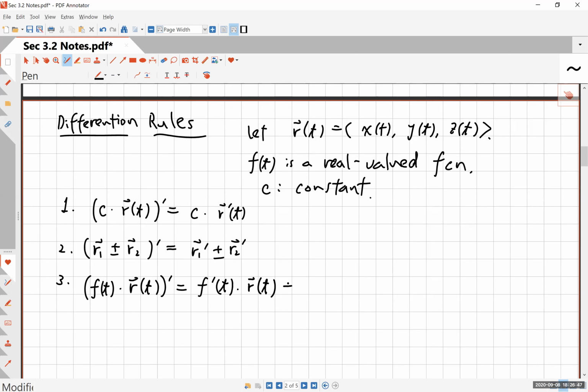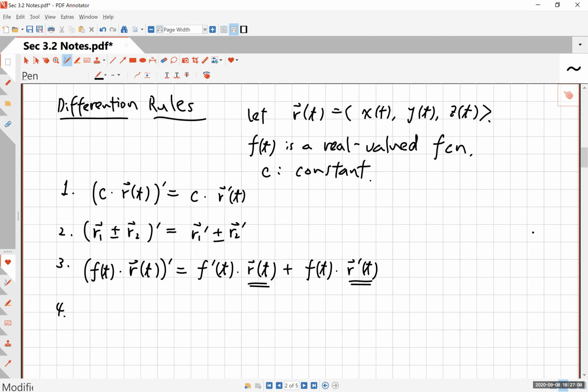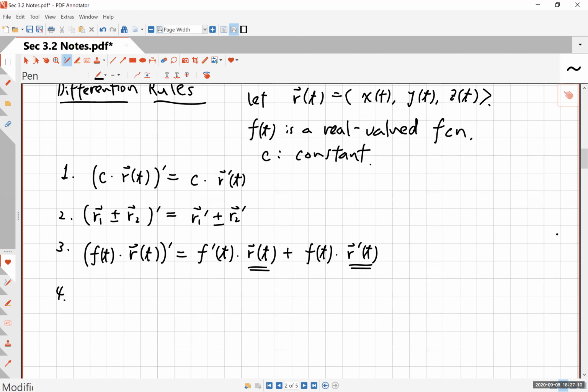You can prove this if you really want to. I believe proof is in the book. So it's the derivative of the first times the second plus first times the derivative of the second. Now notice here, that's still a vector valued function. This is a vector valued function. So the answer is still going to be a vector valued function. This is sort of a product rule, not the product rule.